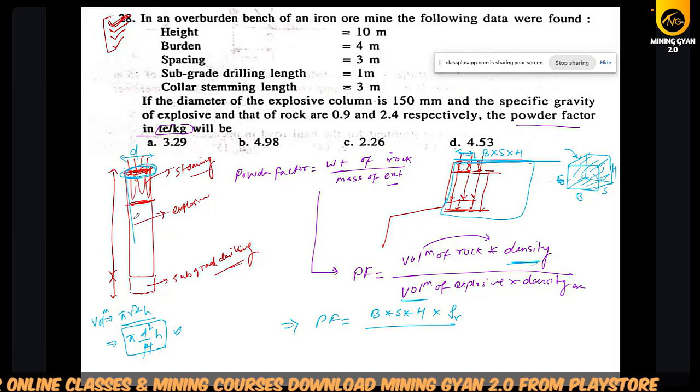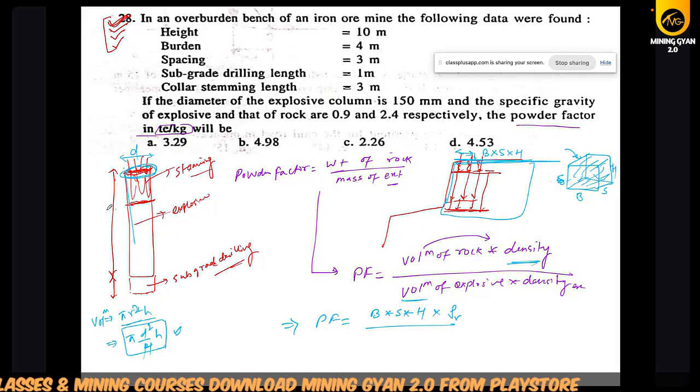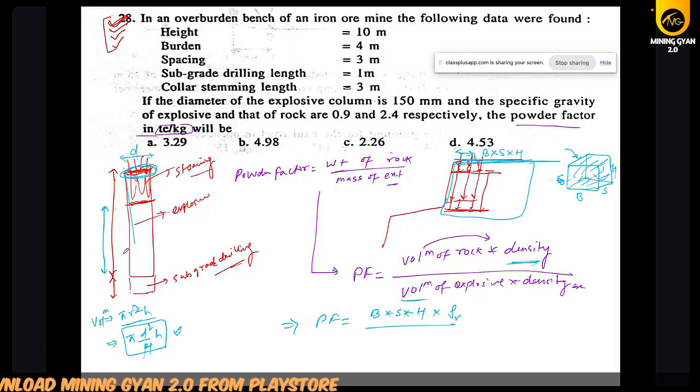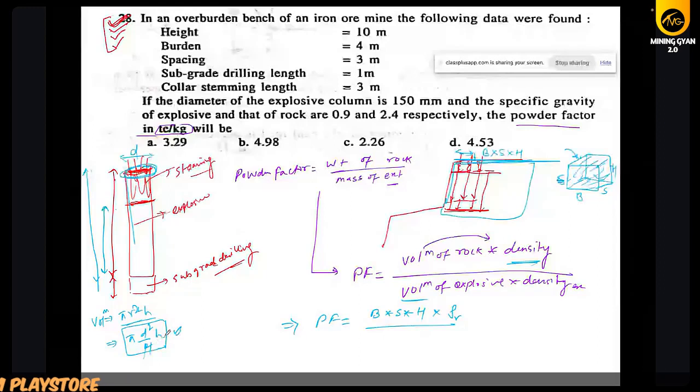But here you have to find the explosive length, so h equivalent. So pi d square by 4 times h equivalent.